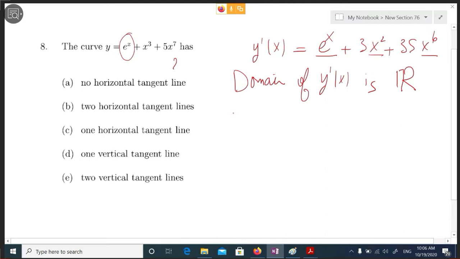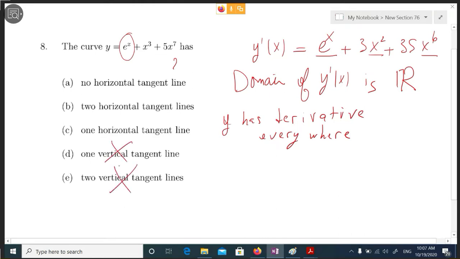That means y has a derivative everywhere. That means we don't have a vertical tangent. Because what does vertical tangent mean?